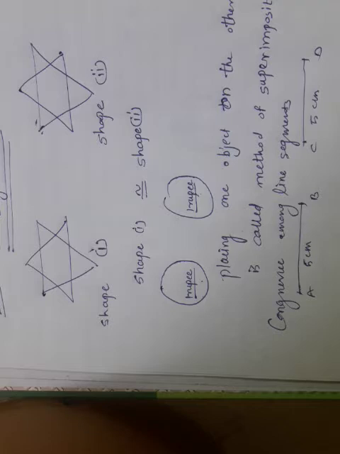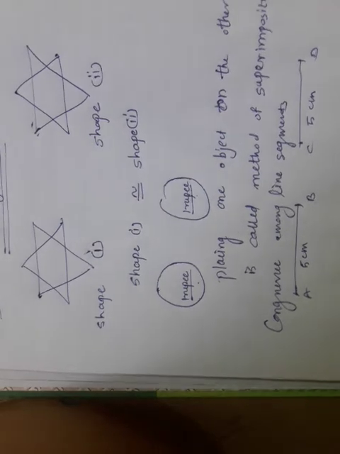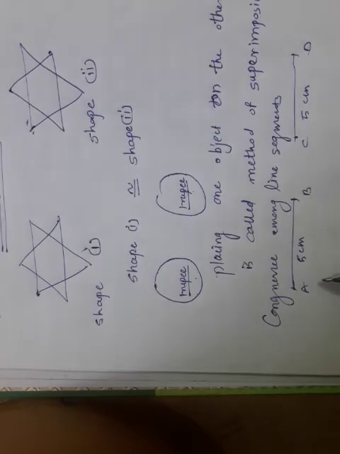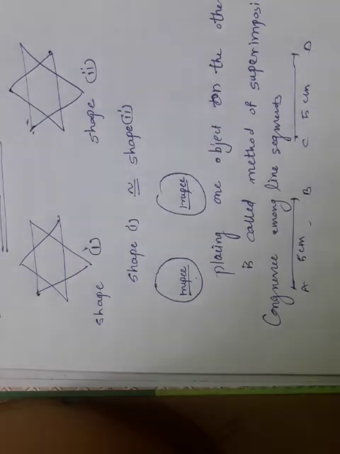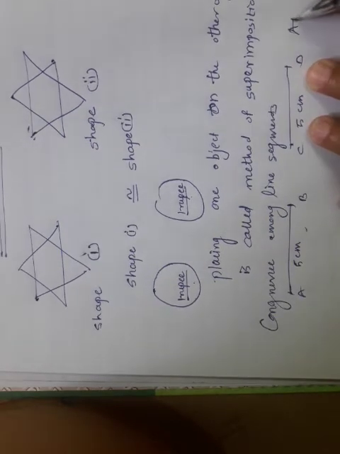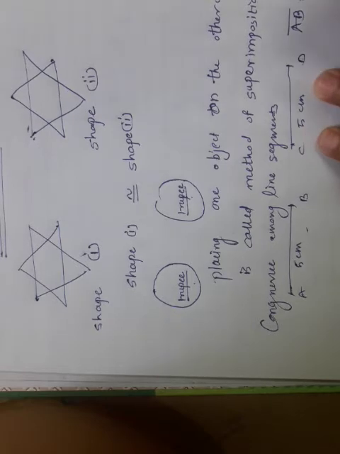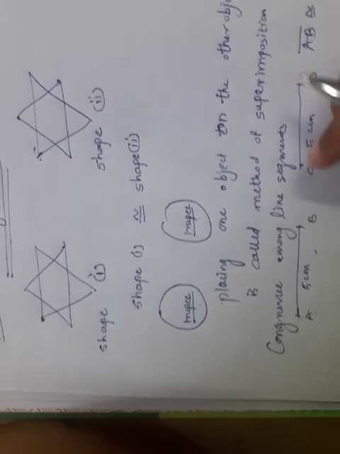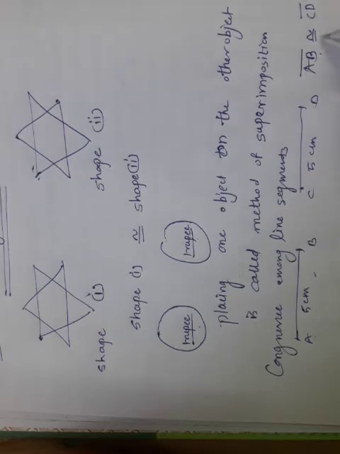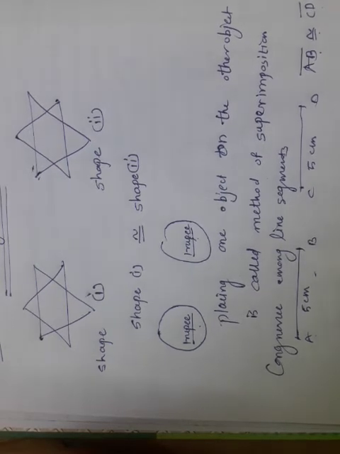So these line segments are congruent to each other. By the method of tracing, we can conclude that AB is congruent to CD. We can write it as line segment AB congruent to line segment CD. Understood?